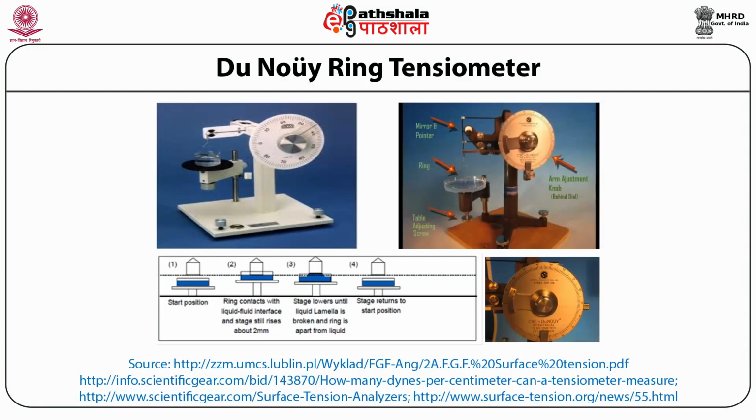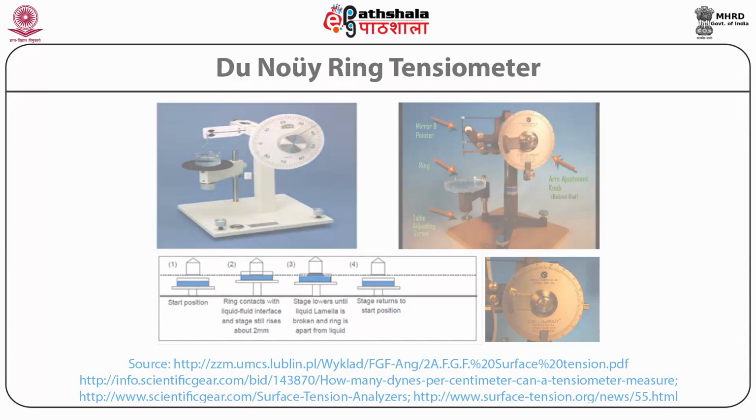The steps involved are: we place a ring over the surface of water or a liquid, and then force is applied with the help of a circular disc attached to an arm adjustment behind it. With this arm we slowly increase the force, and the force necessary to pull the liquid with the help of this ring is noted down using this disc.